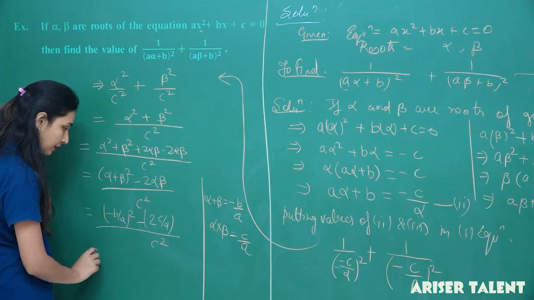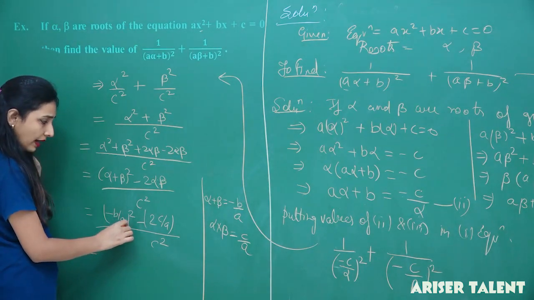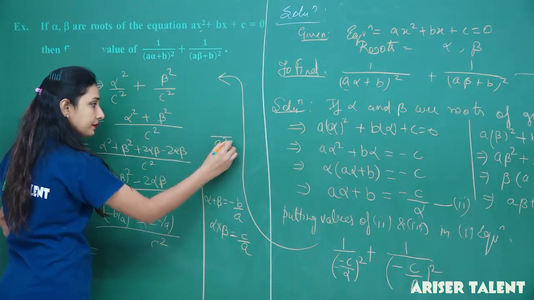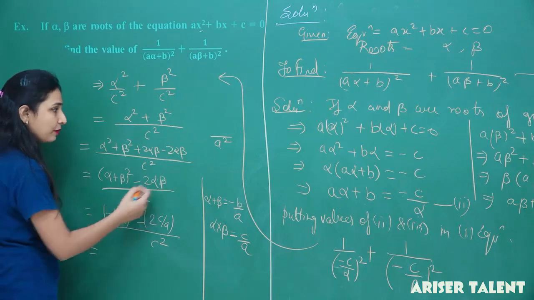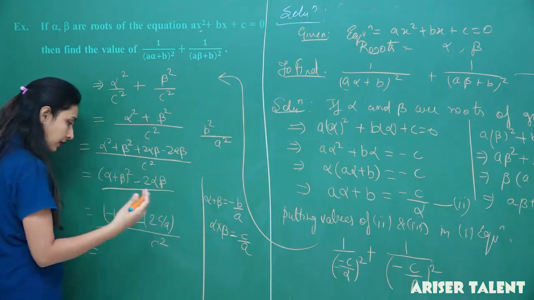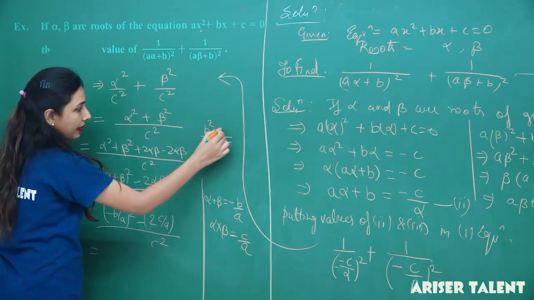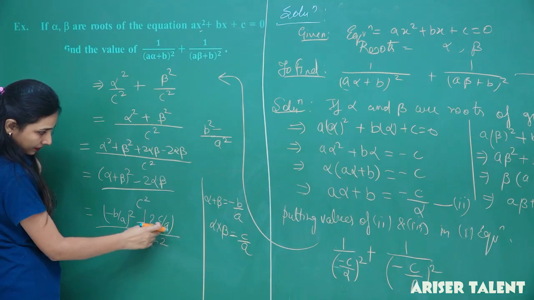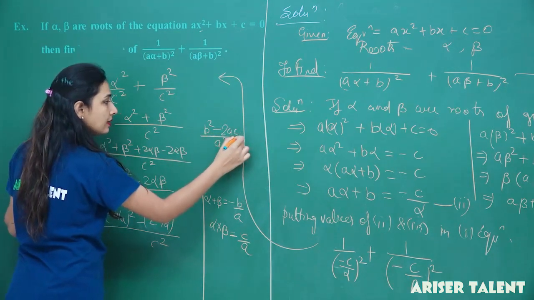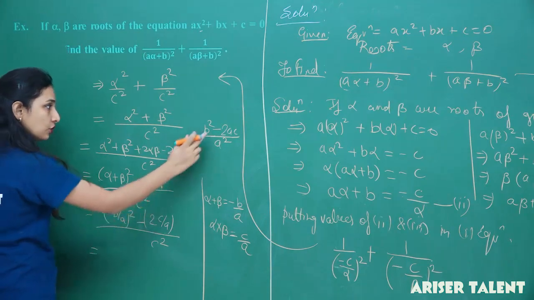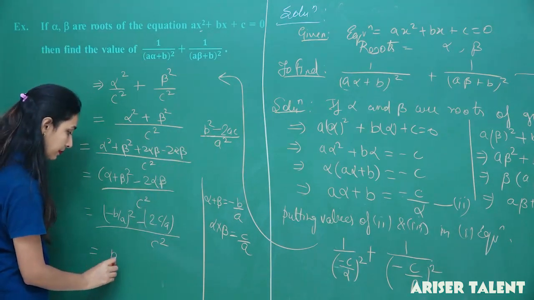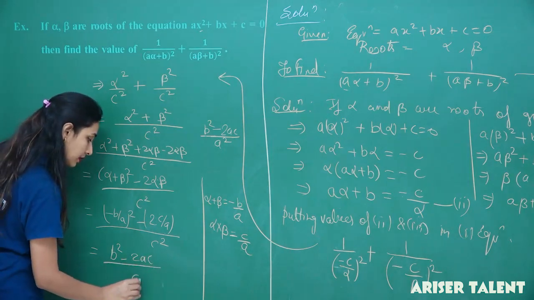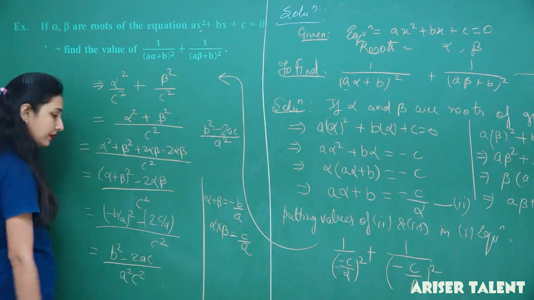Now if you take the LCM, it equals a square, then here it will become b square minus 2ac upon c square a square.